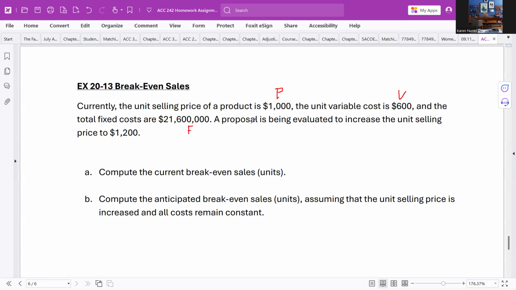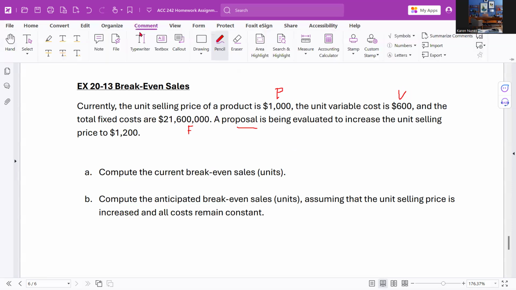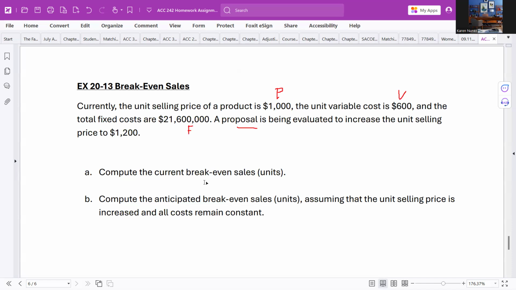And they've got this proposal that we're going to look at in part B, where the price will change. So we'll talk about that when we get to B. But let's focus first on A, the current break even.